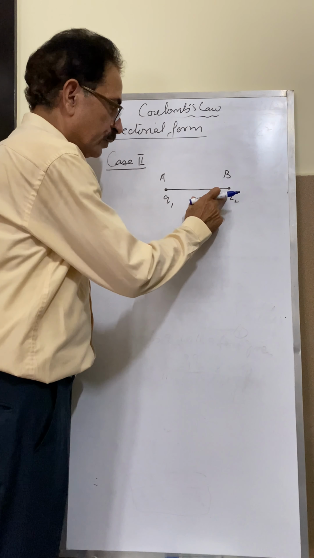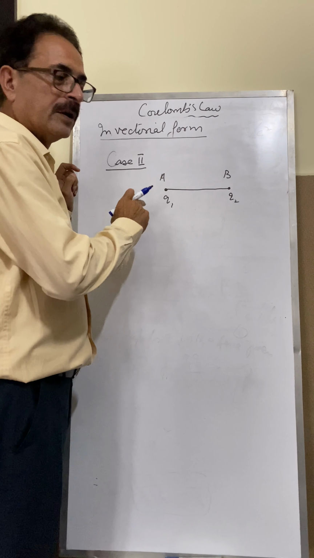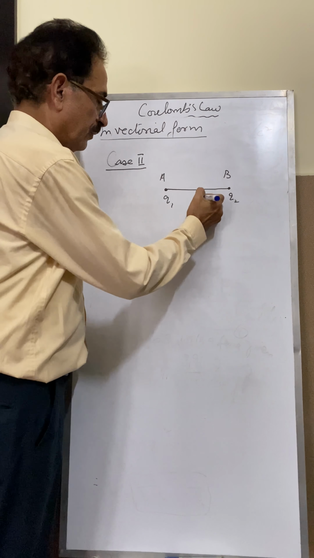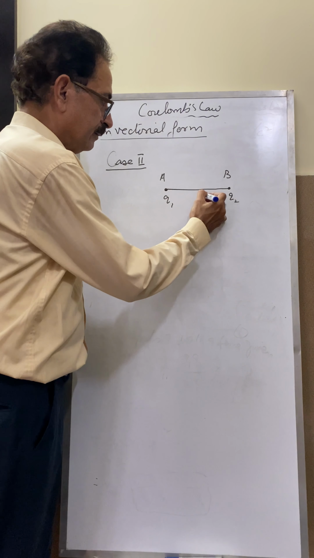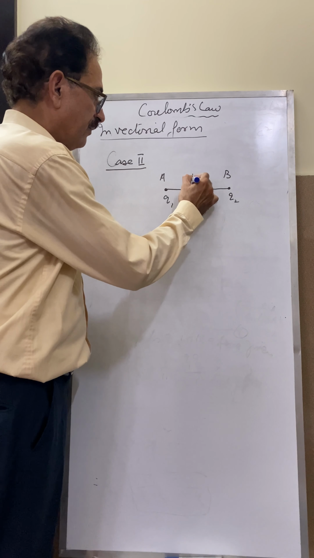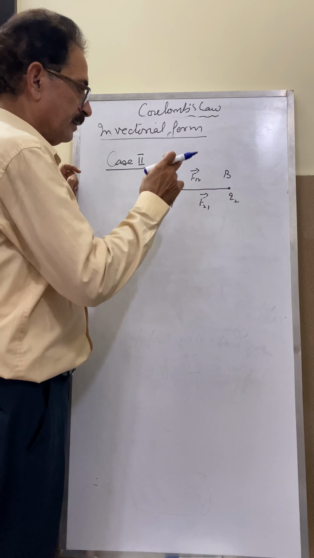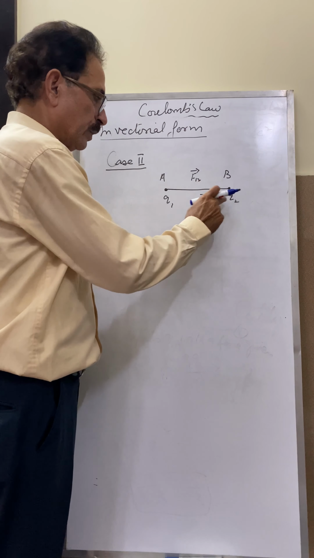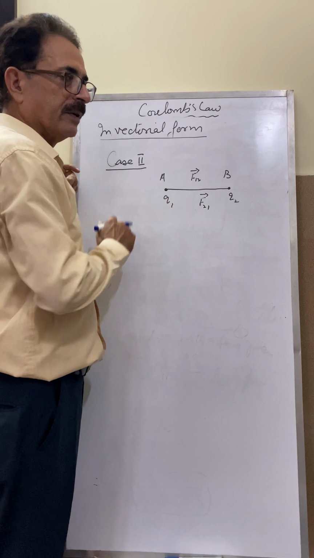Q1 attracts Q2 and Q2 attracts Q1. The forces are F21 and F12. That means the force of Q1 on Q2 is F21, and the force of Q2 on Q1 is F12.